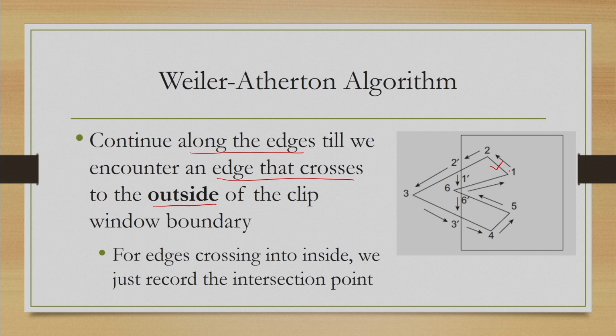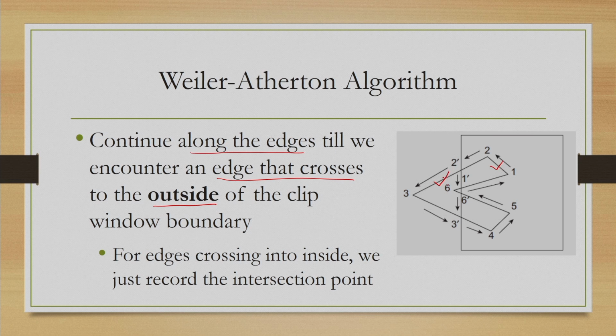It does not cross, so we continue to the next edge, that is 2 3, represented by the vertex pair 2 3. Now, this edge crosses to the outside of the window boundary. Note that here we are following anti-clockwise order.